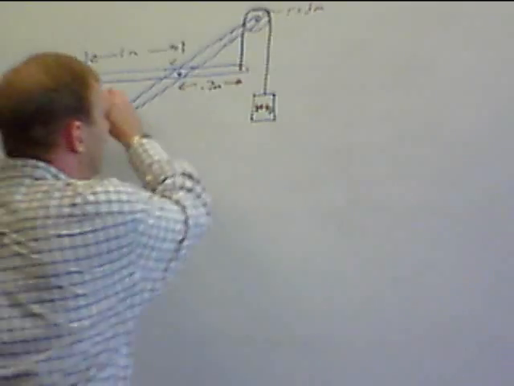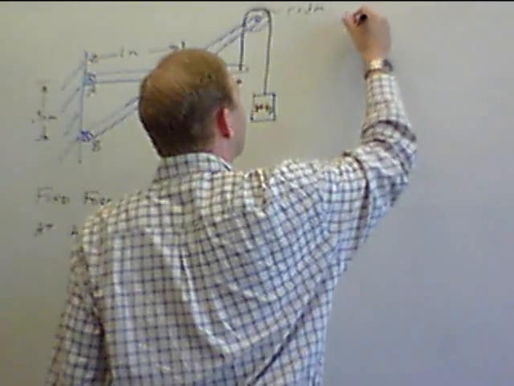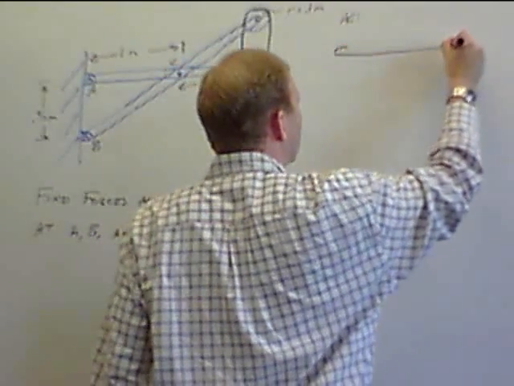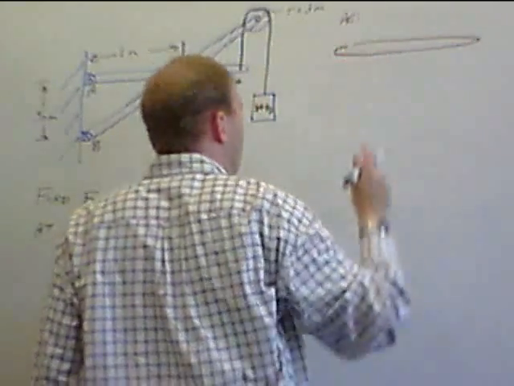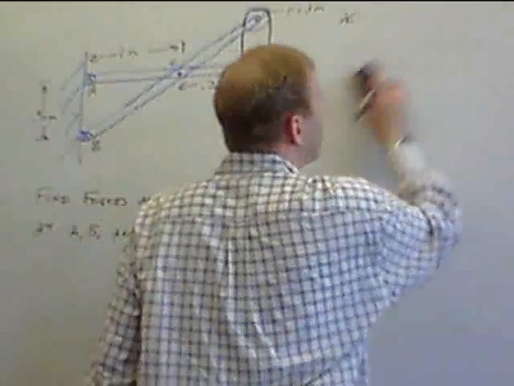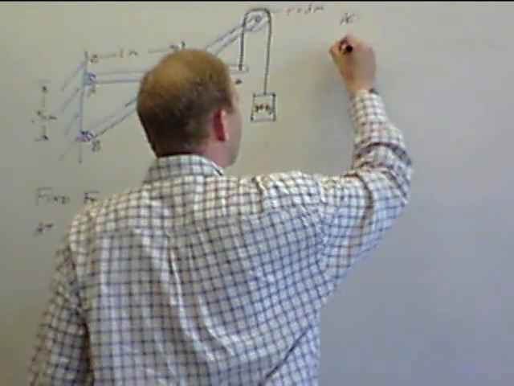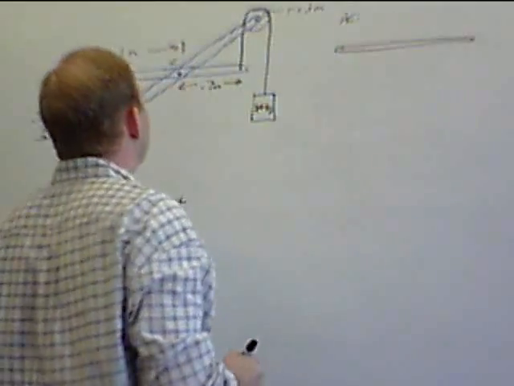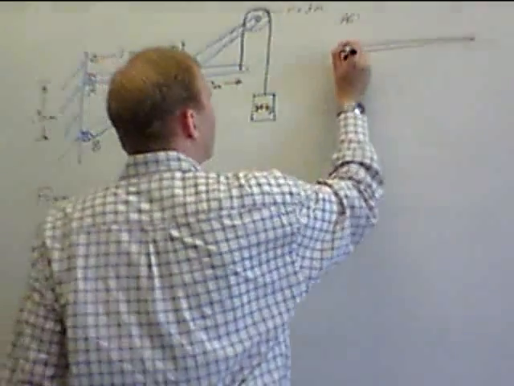So taking a look at beam AC, we have... draw that a little bit narrower. Apparently means narrower, but that's fine.